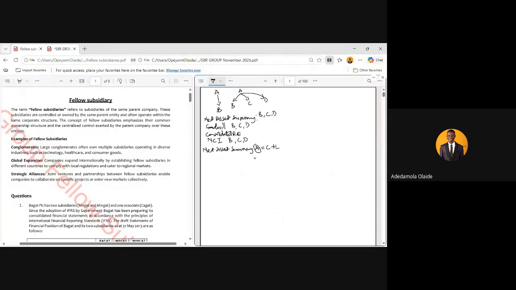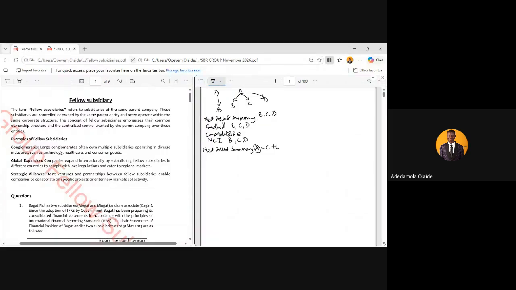But whatever equity the subsidiary has, whatever capital we have in a business, the whole essence or the aim is to buy assets, maybe buy PPE or have cash flow to run the business, amongst other things.